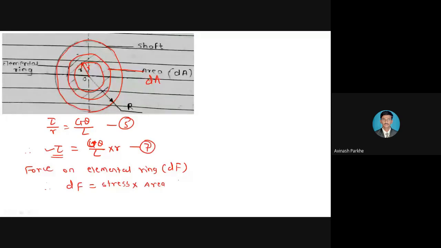For example, sigma is equal to P upon A, and if I have to calculate P, capital P is equal to sigma into A, taking A to the left side. Similarly here I have used the formula: force on the elemental ring, dF, is equal to stress into area.